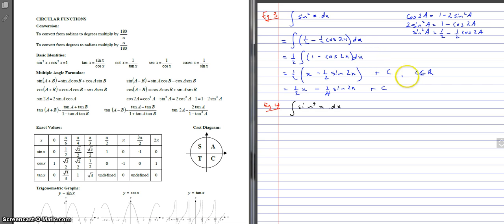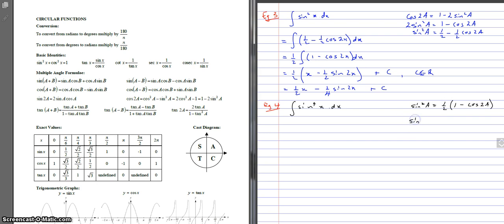From above, we know that sine squared a is equal to 1/2, we might just put that out the front straight away, times 1 minus cos 2a, but we want a power of 4, so let's square both sides.